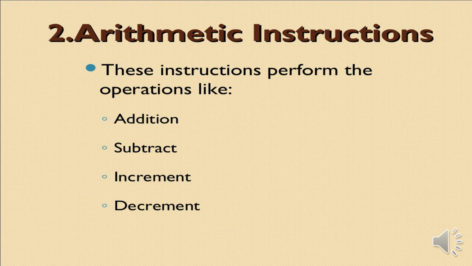These instructions perform arithmetic operations like addition, subtraction, increment, and decrement. The 8085 microprocessor has no direct multiplication or division instruction, but the 8051 microcontroller does have multiplication and division instructions.